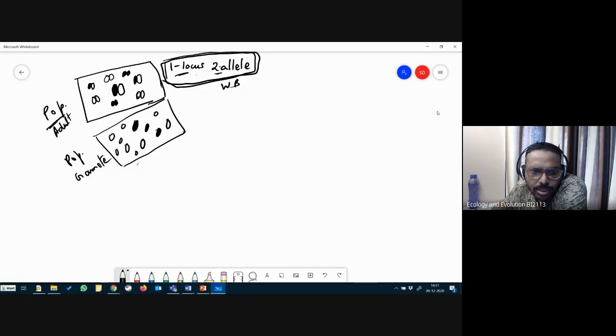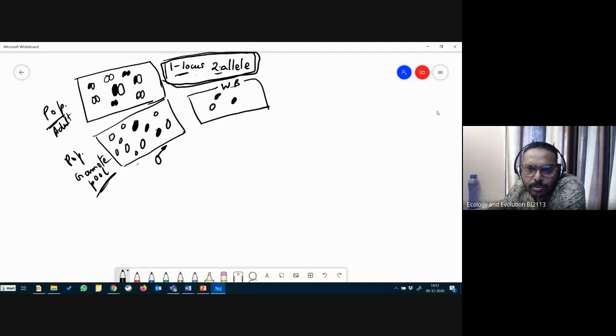So this is the so-called gamete pool. Now, let's assume for a moment that these are all the male individuals. Now you are also going to have all the female individuals who are also producing gametes of the same white and black type, correct?